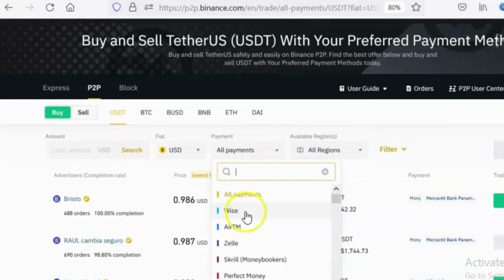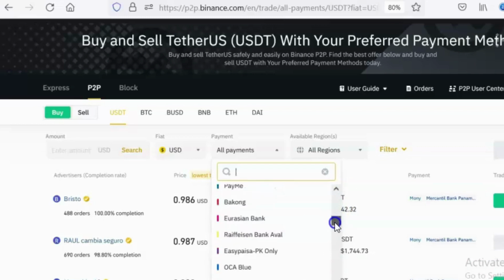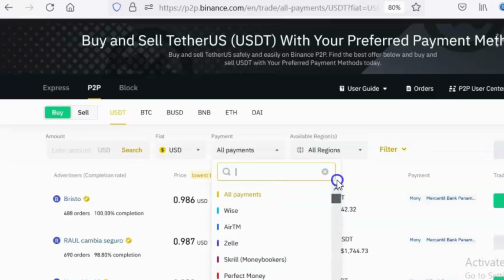Look at the various modes of payment. There is WISE, that is, we are willing to pay with WISE. The person wants to accept WISE. The person is willing to accept Skrill. The person is willing to accept Perfect Money. There are different options here. You can see some people indicate specific banks that they are willing to accept payment into. In short, you look at the various options and you pick one.